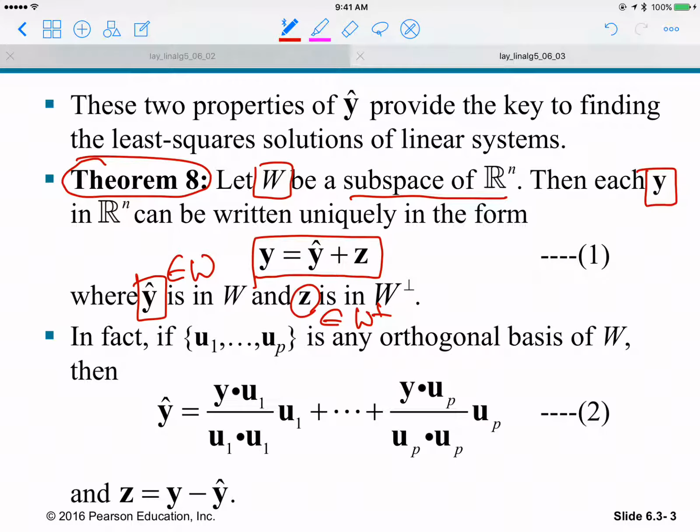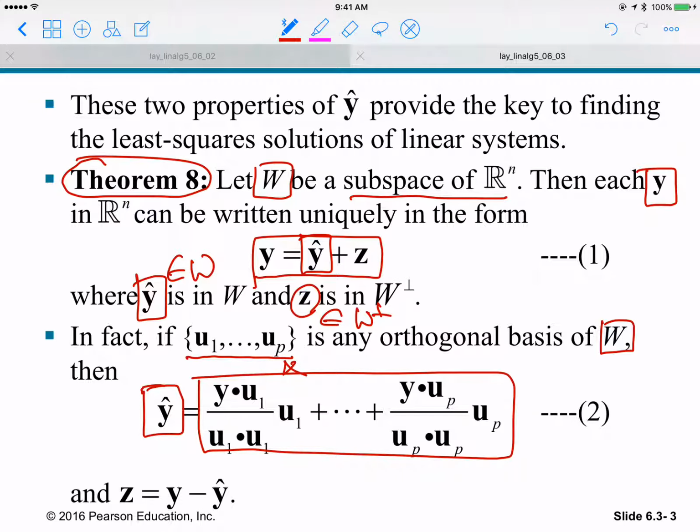And in fact, this y hat can be computed given an orthogonal basis of the subspace W. So suppose this subspace W has orthogonal basis vectors u1 to up, and then y hat has this form. So this is almost what we learned last time.